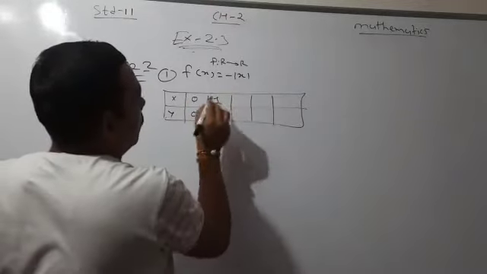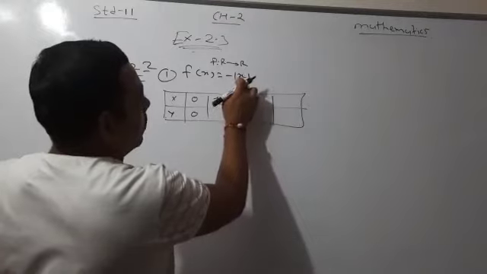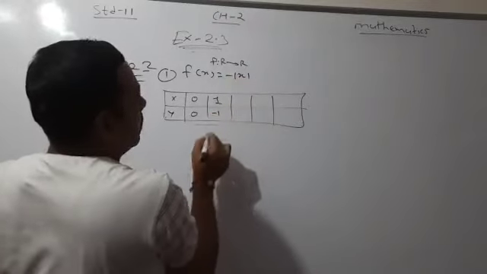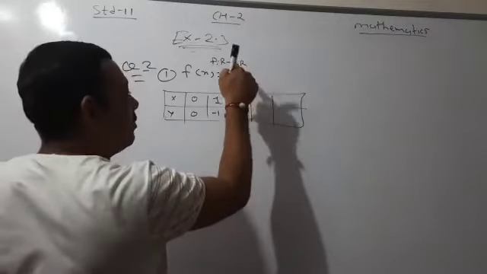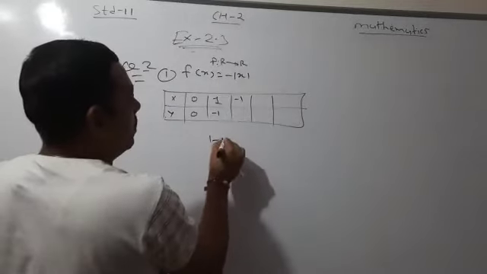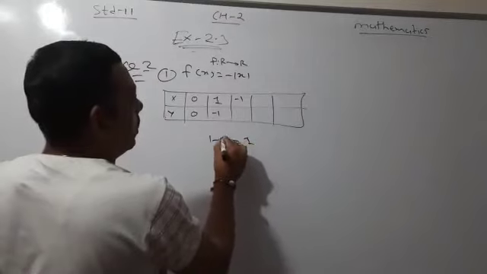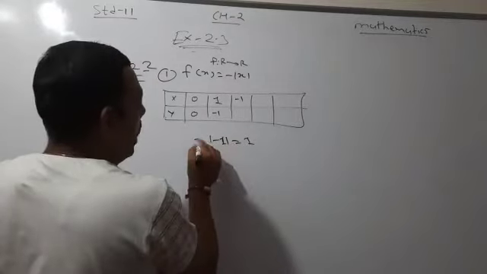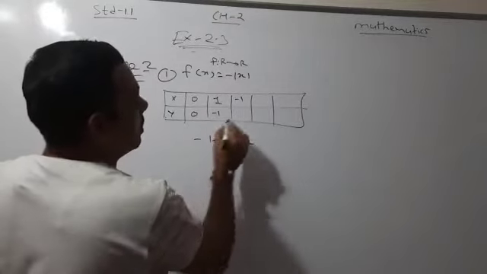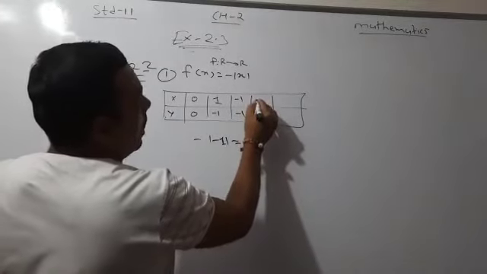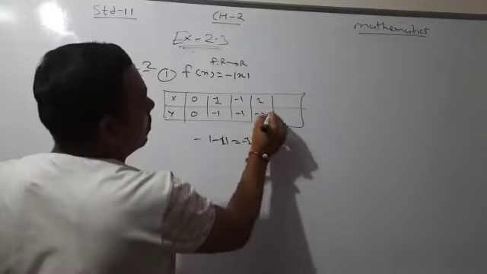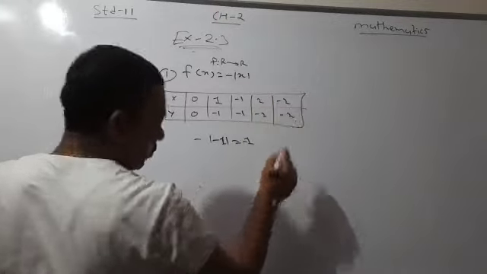If I consider 1, because of modulus it is 1, but outside it is a negative sign, so the answer is minus 1. If it is minus 1, because of modulus of minus 1 the answer is 1, but due to the outside negative sign, the answer is minus 1. For 2, the answer is minus 2, and if it is minus 2, the answer is minus 2.